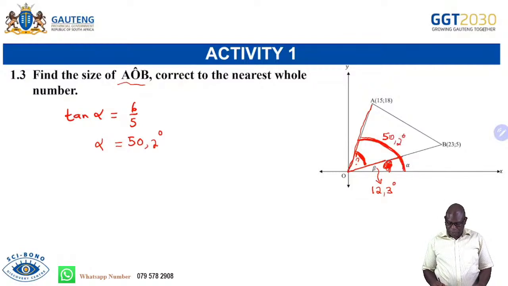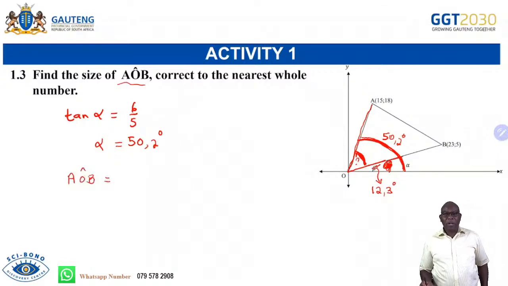So for me to get this other angle here, I need to subtract this small angle here. So I'll go AOB. Can you see now for AOB, I'm not using the formula tangent equals the gradient, because that angle here is not between the x-axis and the line.